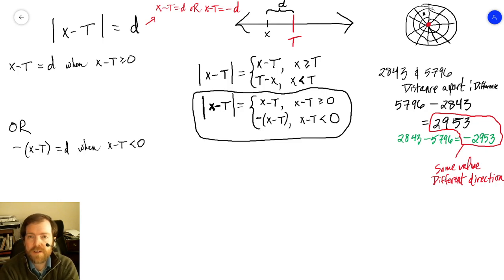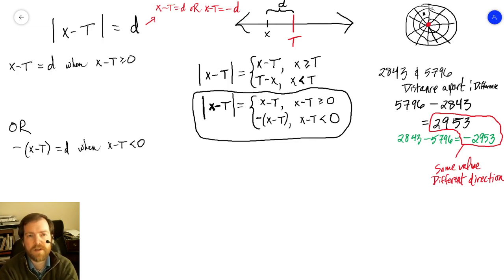You could say that this is d on this side, and so negative d is just going to be in the opposite direction, so it would be a negative d up this way. That's okay, I guess. Or you could say, again, here, we just want what the absolute value of the distance is.